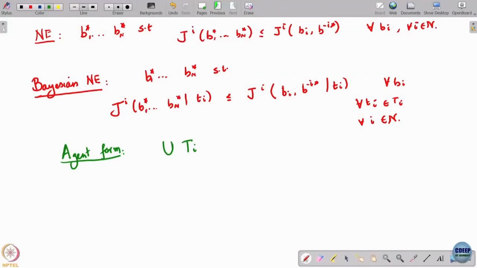So let us write these things out. First, an agent form has the union of the Ti as its players, which means the number of players is the summation of the sizes of Ti.